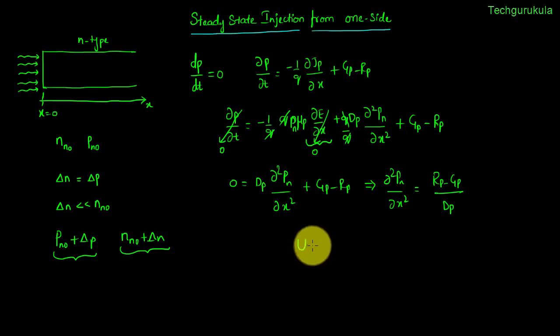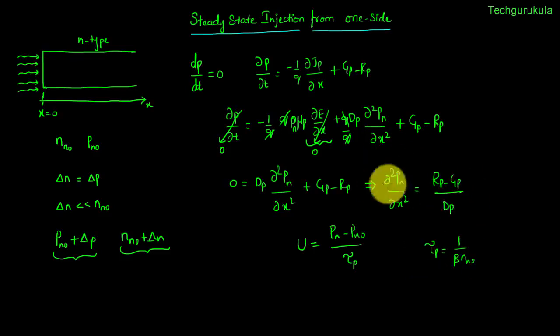And we know that Rp minus Gp is actually the net recombination rate. And we have seen in direct recombination that the net recombination rate is given by the excess carrier concentration compared to the thermal equilibrium concentration, which is Pn minus Pn0 over tau P. And we saw tau P was related to 1 over beta times Nn0.